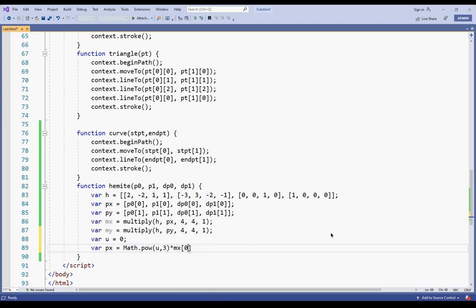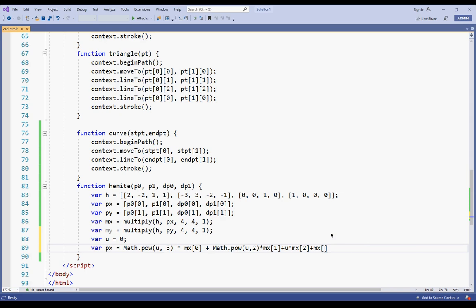So mx first value plus Math.pow, then it will be u square, and it will be into mx second value 1. Then plus u into mx, then the third value, and finally the fourth value will be added as it is.